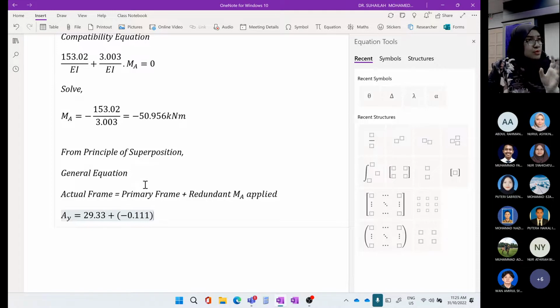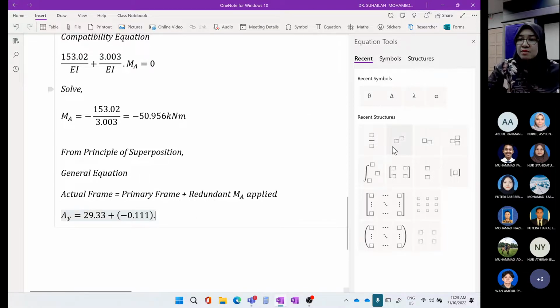Cannot stand alone. We must times back with redundant, kali dengan MA.